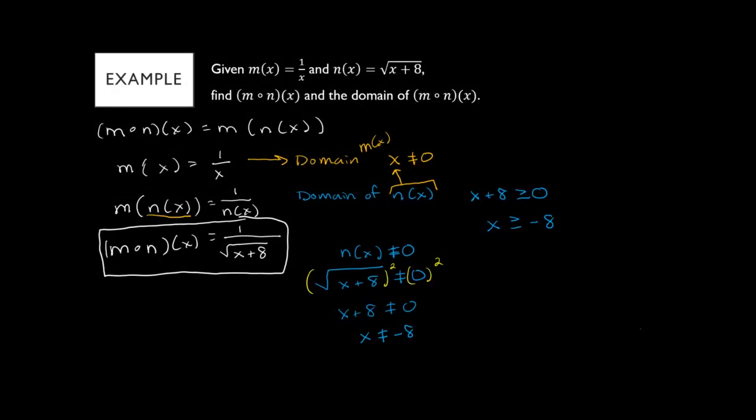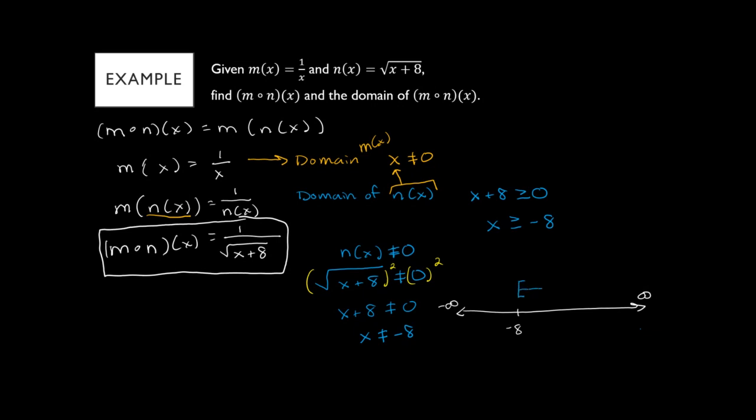So the domain is the overlap here. I'm going to put a number line. And so we have our domain of n of x, which said that it needs to be greater than or equal to negative 8.